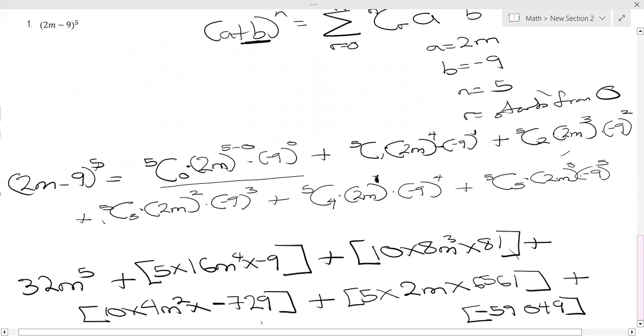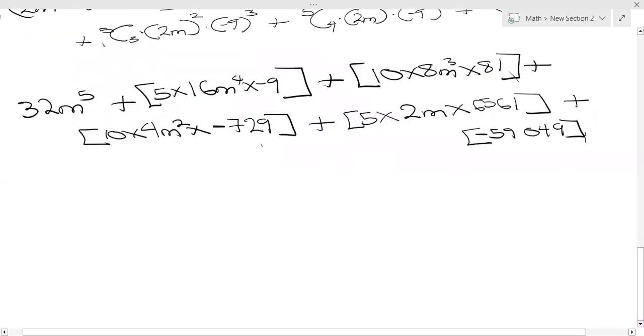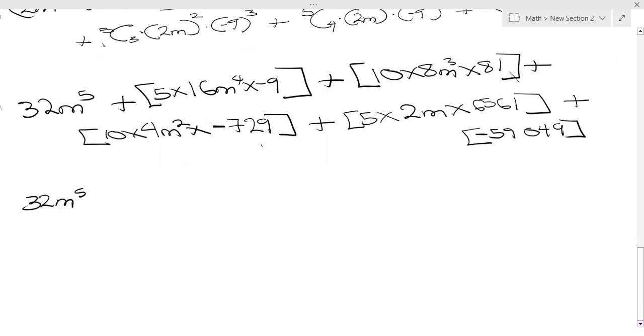Okay, so now we just have to complete it. So we're left with, let's try and have 32m raised to the power 5 plus. So we have 5 times 16 times minus 9.